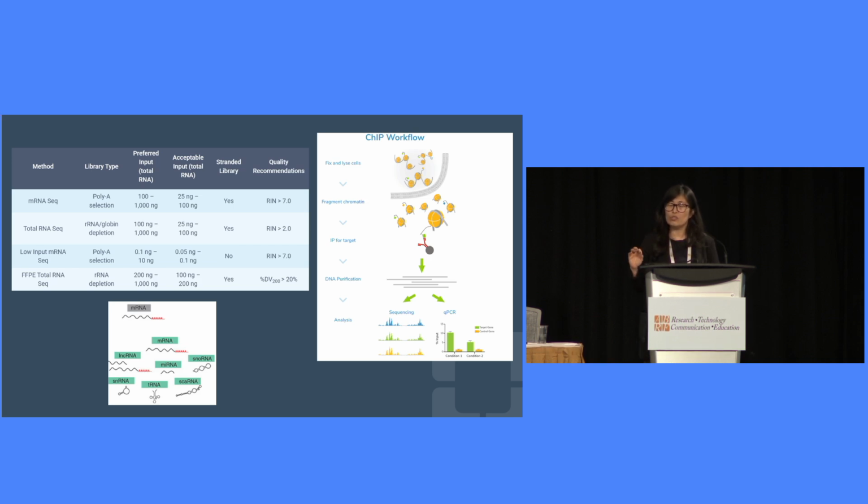Illumina usually does the depletion at the RNA level, but Takara makes cDNA and then depletes the rRNA. So sometimes we see a lot of rRNA content in the sequencing data. That means that the method is not very efficient at removing the rRNA.